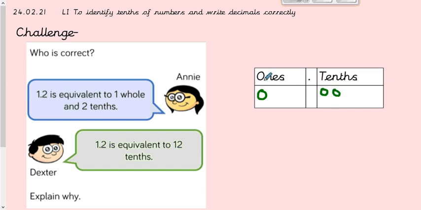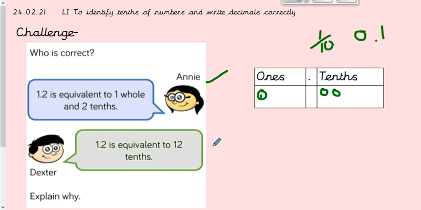So this is equivalent to 1 and 2 tenths. These counters would each be a tenth or 0.1. So she is definitely correct because there is clearly 1 whole and 2 tenths. You can see that in the place value grid, so Annie is correct.